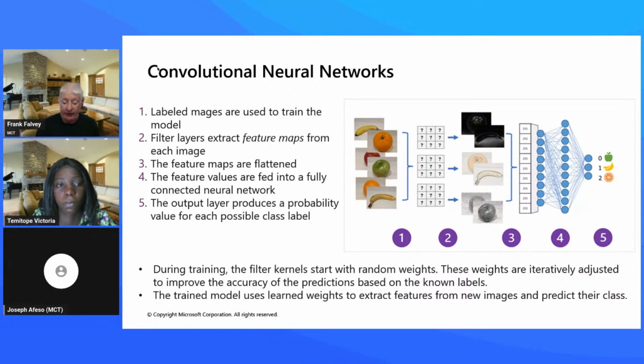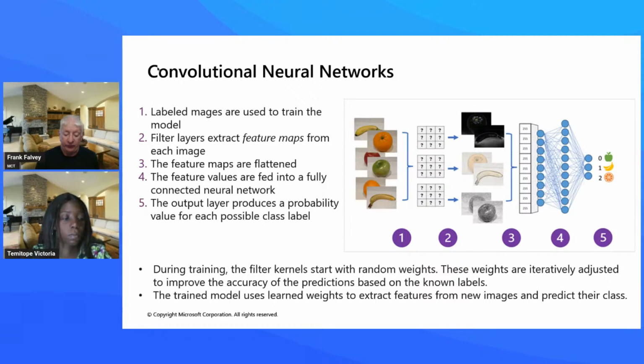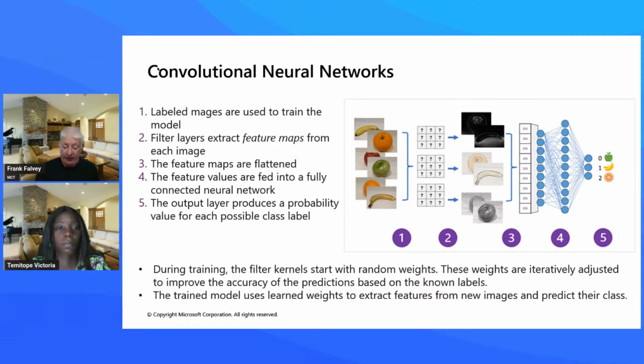Feature values are fed into fully connected neural networks, and the output layer of the neural network uses softmax or similar functions to produce the results, contained in the probability value of each possible class. For example, 0.2, 0.5, or 0.3. So is it an apple? Is it an orange?